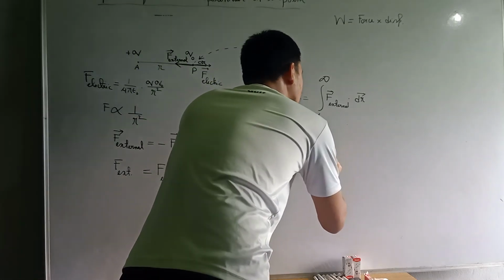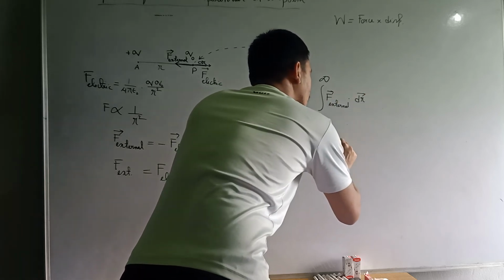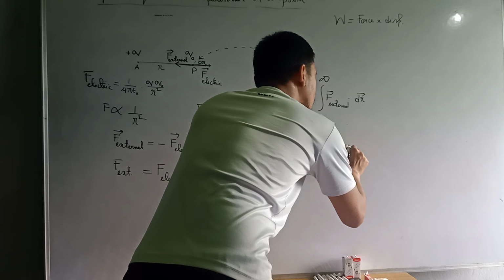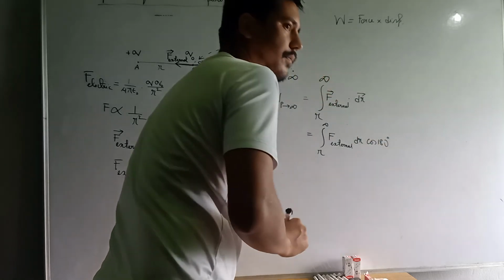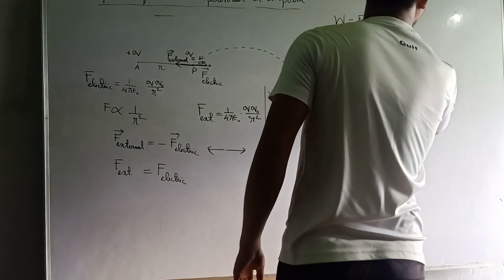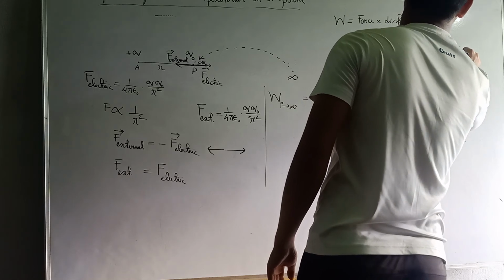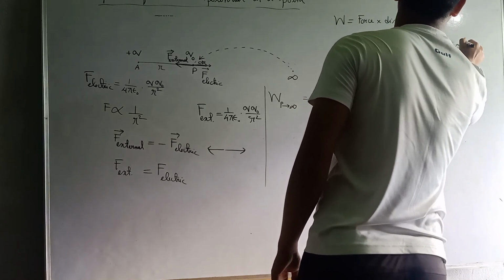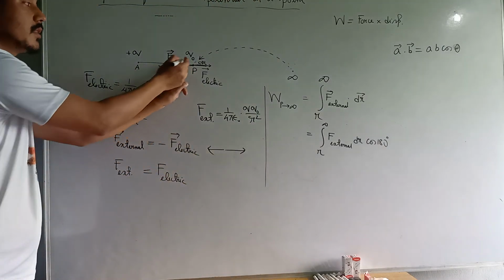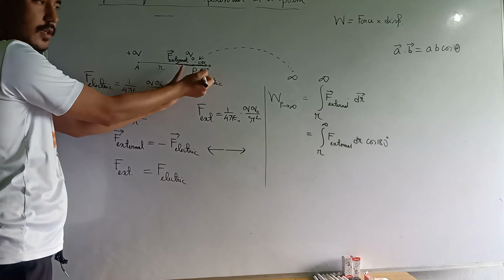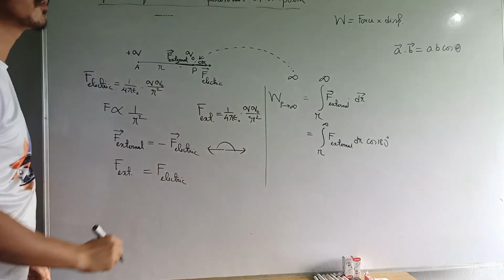So in that case, integration R to infinity, this dot product we can convert to scalar product, F external dr with the cos of the angle between them, because dot product of two vectors A and B is given by magnitude of A, magnitude of B with the cos of the angle between them. Are you getting me? Now, you are applying the force in this direction, displacement is made in this direction, so they're opposite to each other. So the angle between them will be equal to 180.